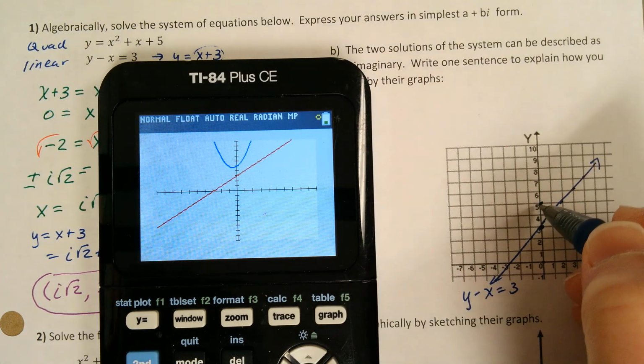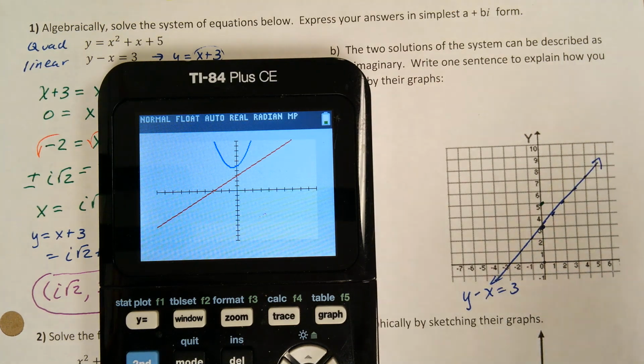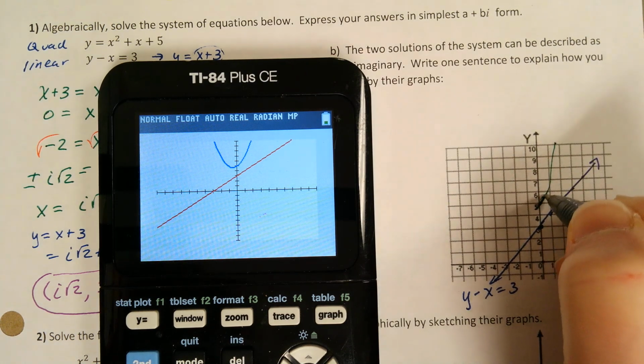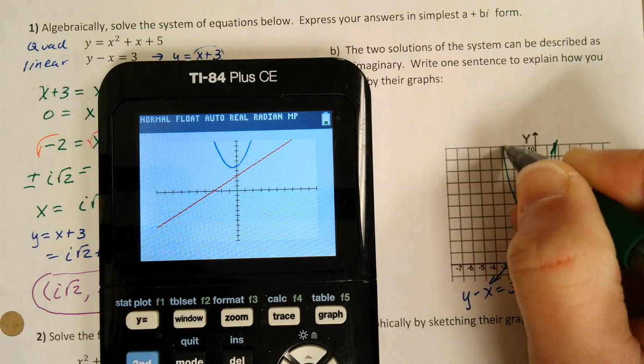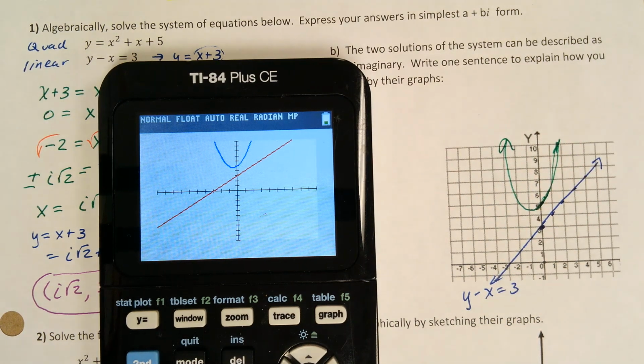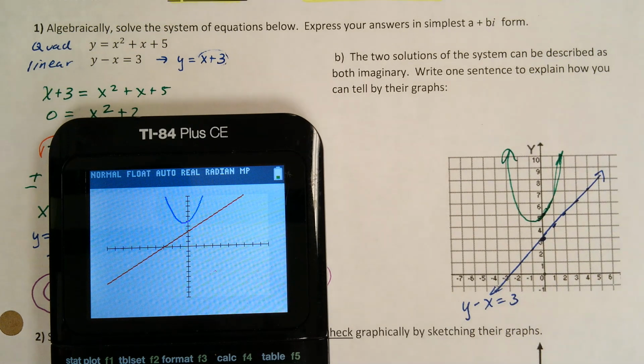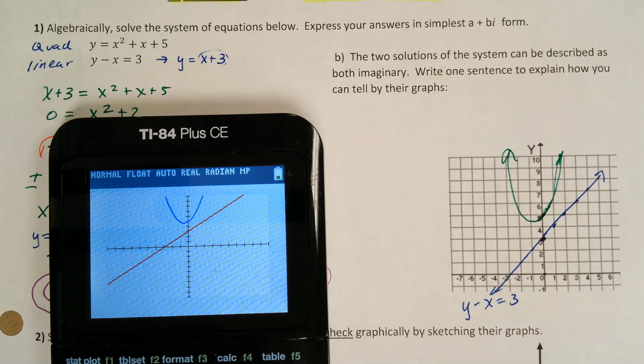So this is going to be a sketch. Green. Get something like this. And since the two graphs do not intersect, that means that their solutions are going to be imaginary.